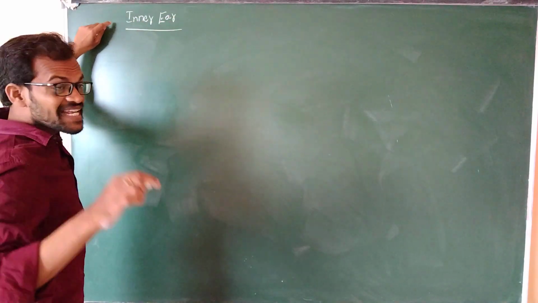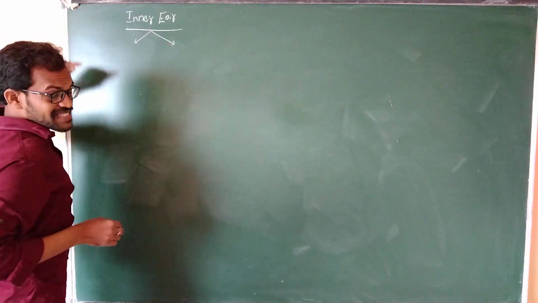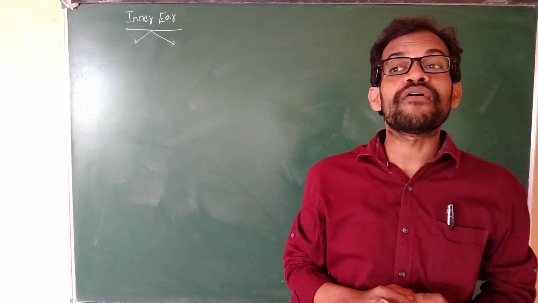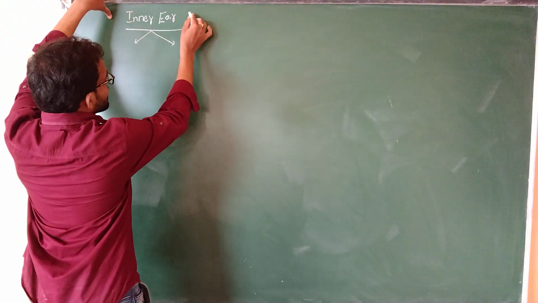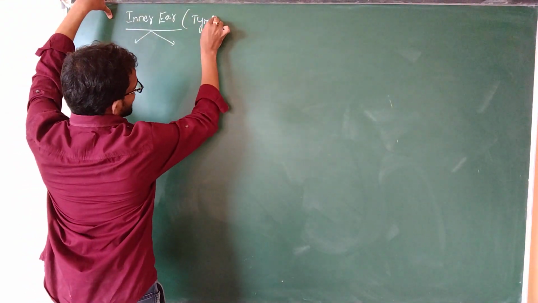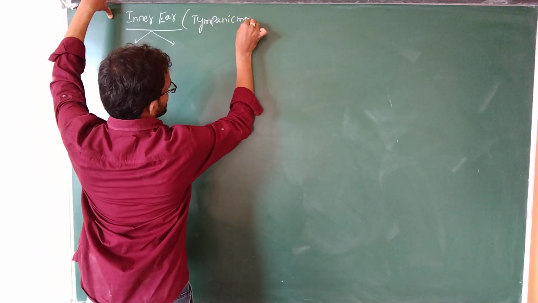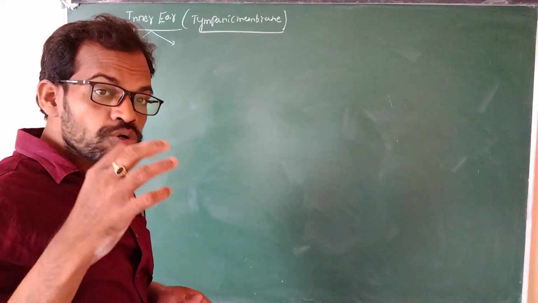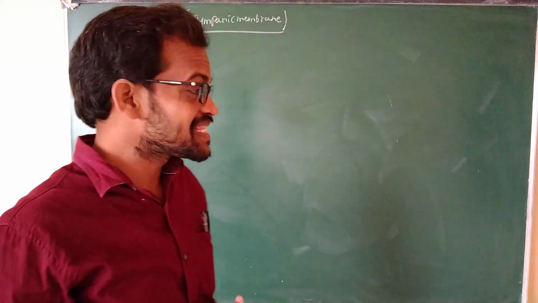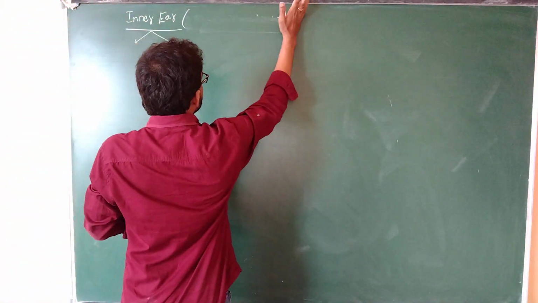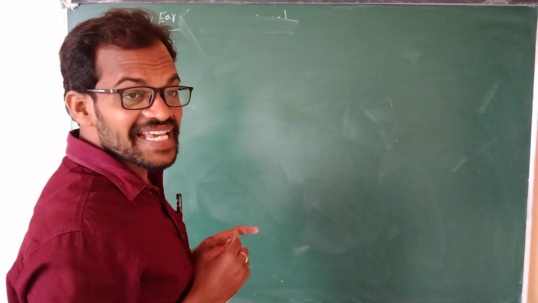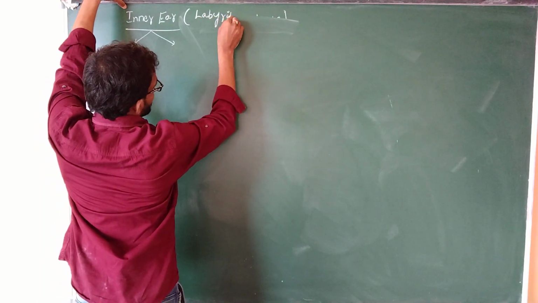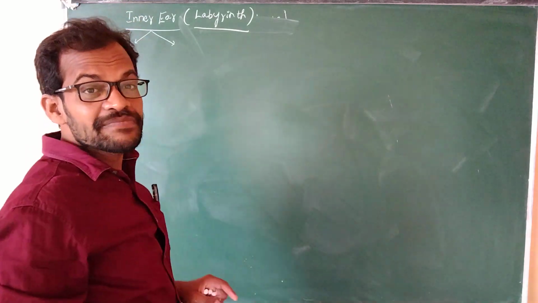The inner ear is divided into two parts. Anatomically, the inner ear is made up of the labyrinth.